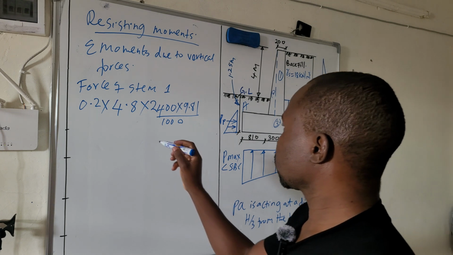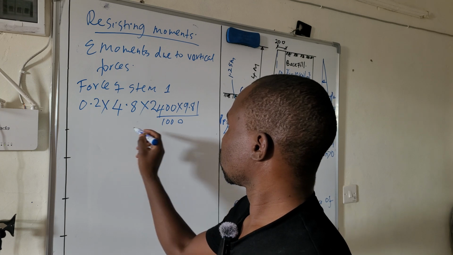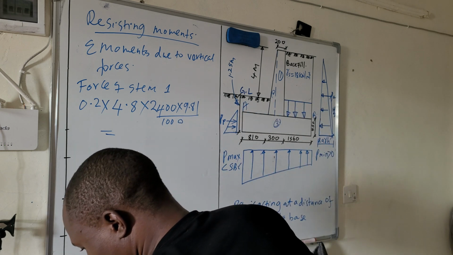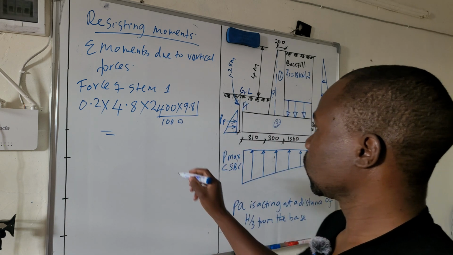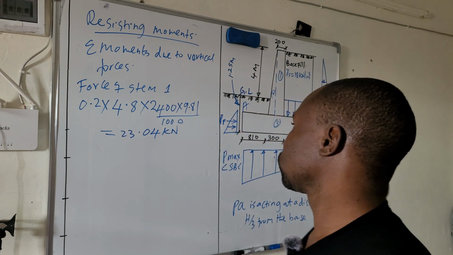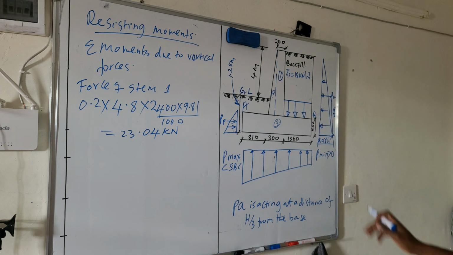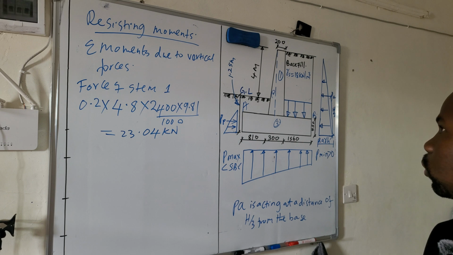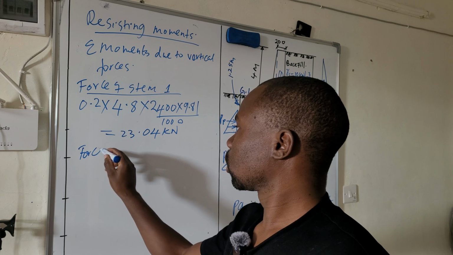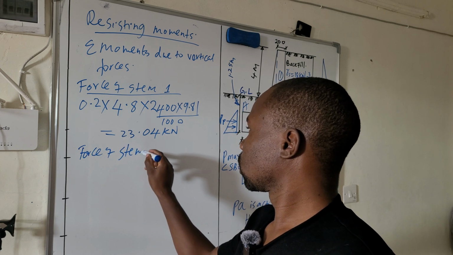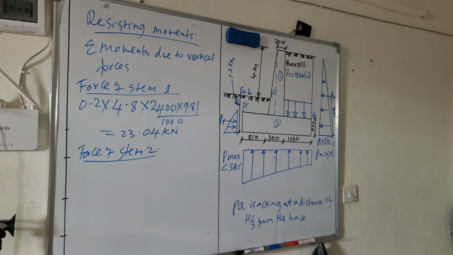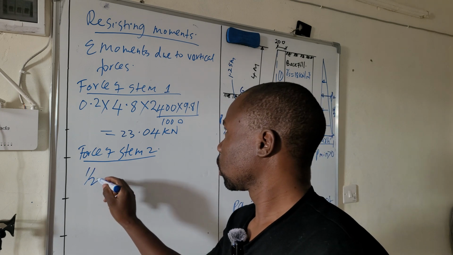So it means the answer is equal to, so if you punch your calculator, you will get 23.04 kilonewton. We proceed to force of stem 2. So force of stem 2, it will be a half base times height.